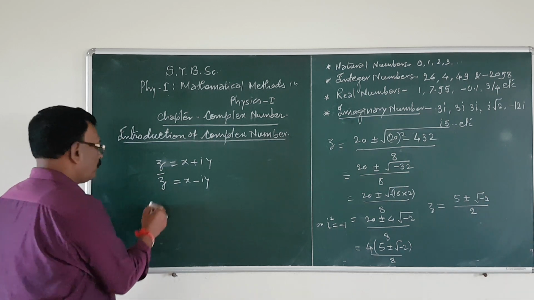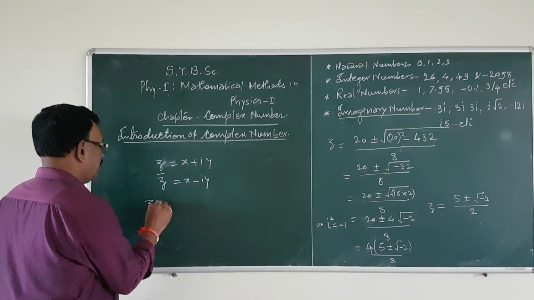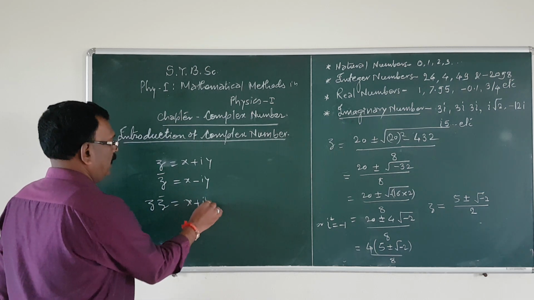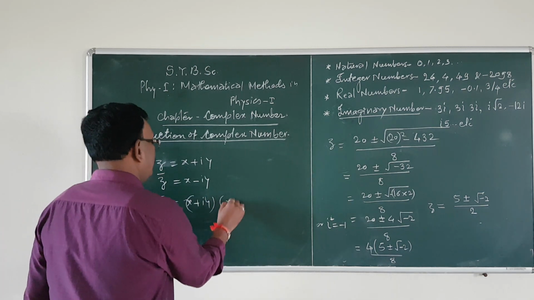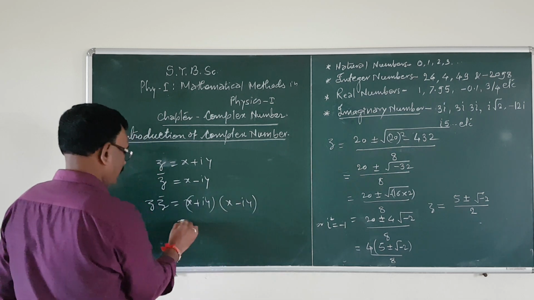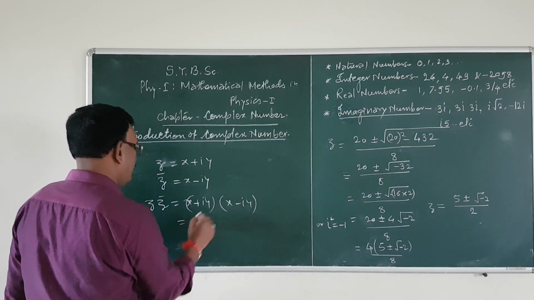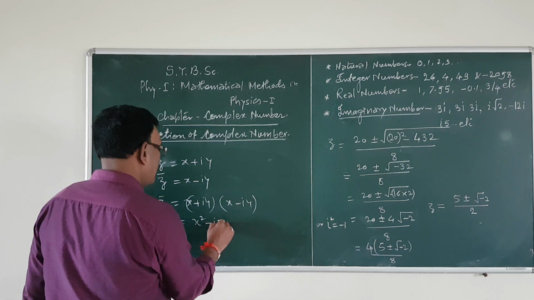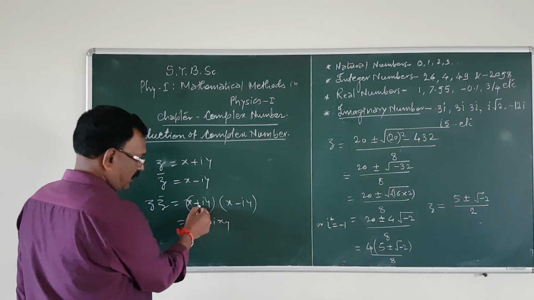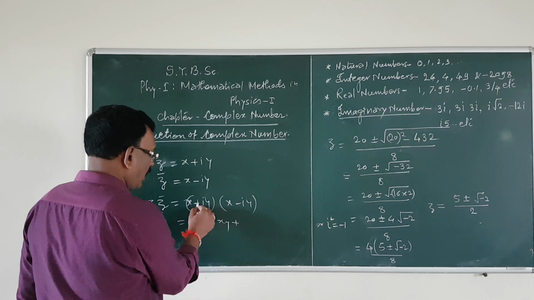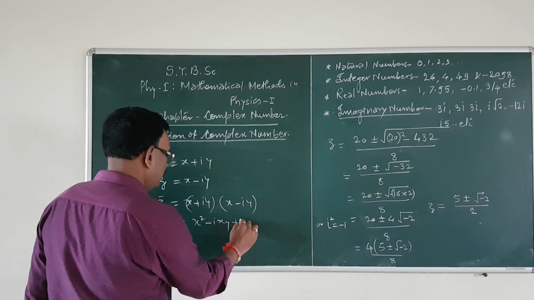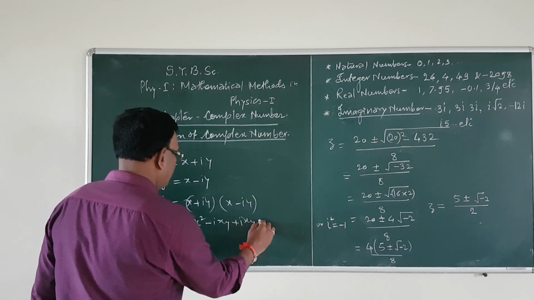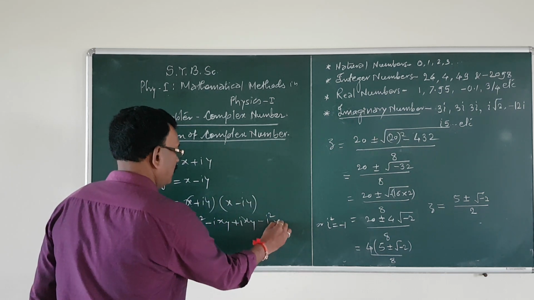When we take the product of these two, that means z into z bar is equal to x plus iy into x minus iy. Now after solving this, we get x square, x into minus iy, minus ixy, plus iy into x, that is ixy, and this term into this term, that is minus i square y square.